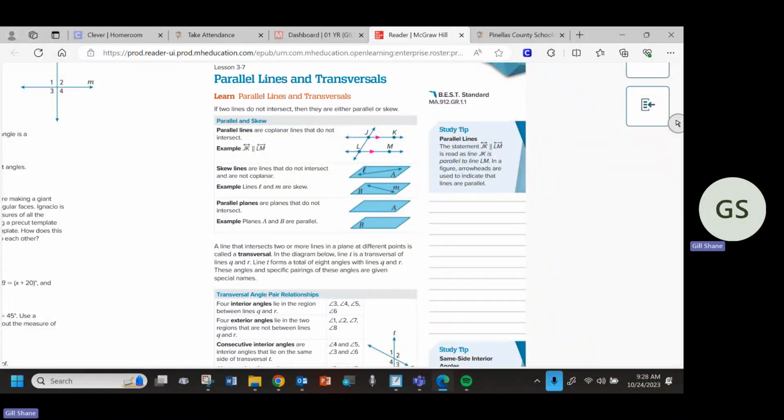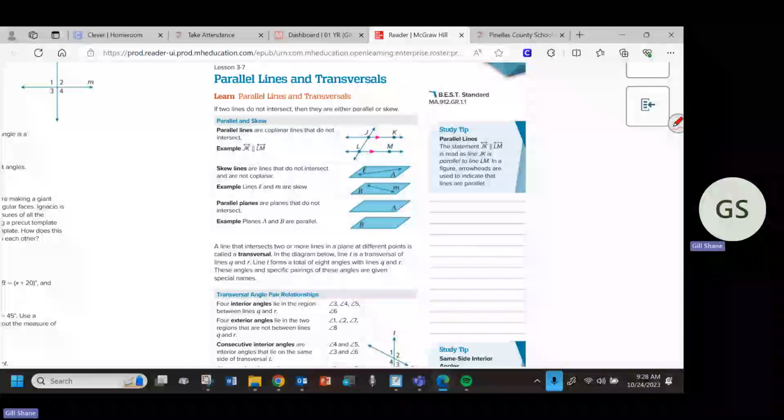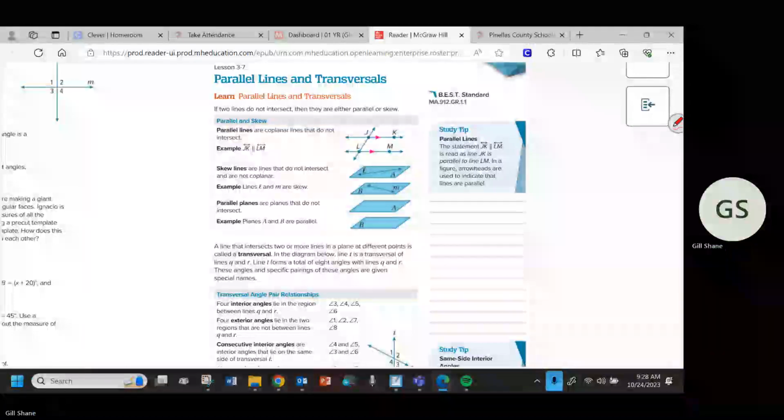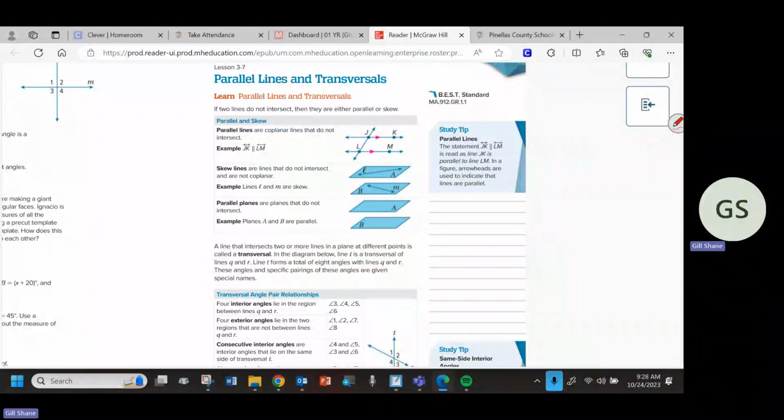You do need to understand that parallel lines are shown, because remember, I think I told you this, you don't know for sure two lines are parallel unless they tell you that somehow. If I just drew two lines in, and I said, are those two lines parallel? You'd have to say no. I haven't given you any information that tells you those are parallel, even though they look close to parallel.